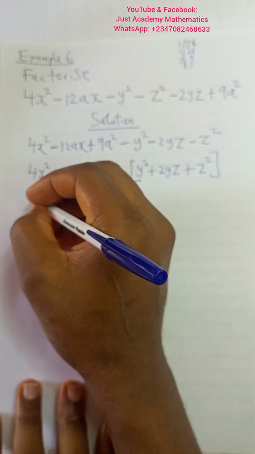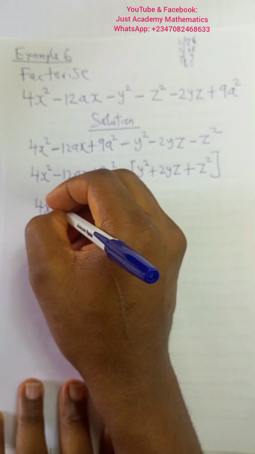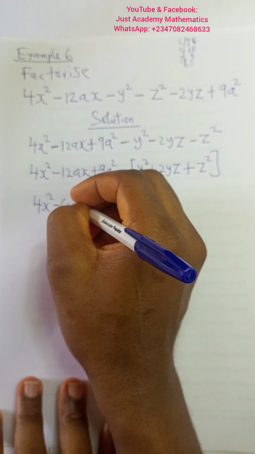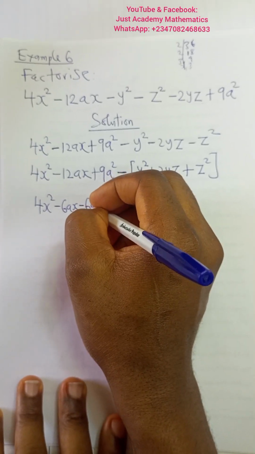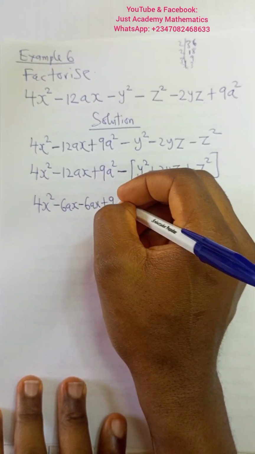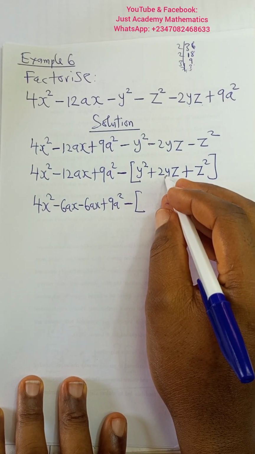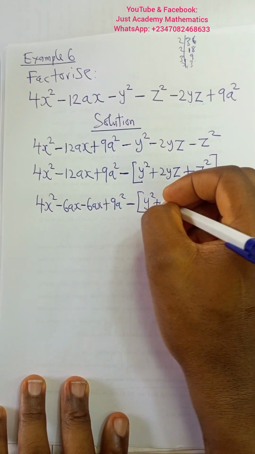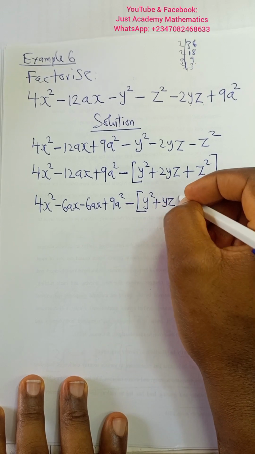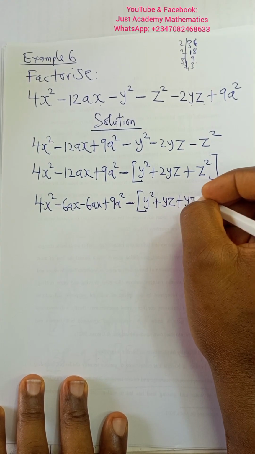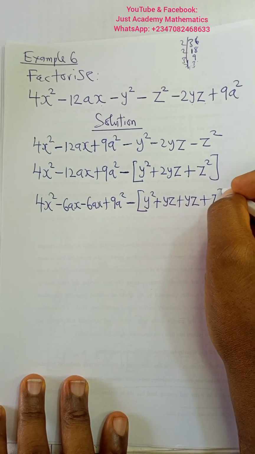So here will be 4X square minus 6AX minus 6AX plus 9A square minus, here, of course, 1 and 1, Y square plus YZ plus YZ plus Z square.